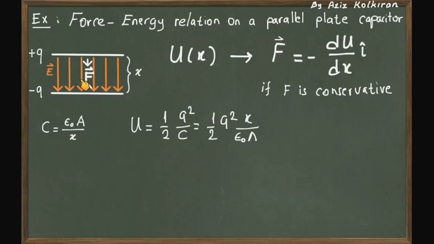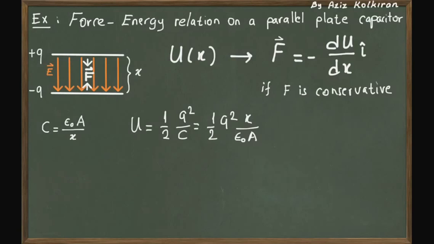If you express the potential energy in terms of the charge and the capacitance, and the charge is kept constant, we may express the potential energy in terms of the constant charge times the inverse of the capacitance, but the capacitance changes with the distance between the plates. So we have the potential energy U equals 1/2 Q squared x divided by epsilon 0 times A. And this should be A, okay.